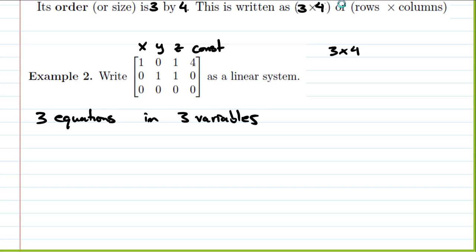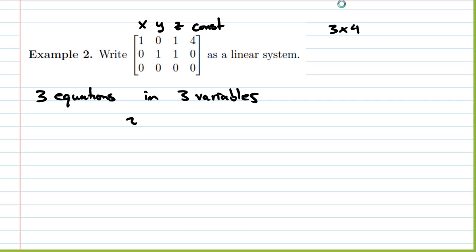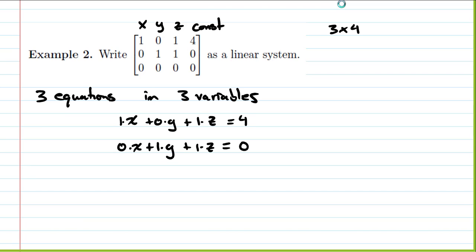If we rewrite this linear system, we will then have 1x plus 0 times y plus 1 times z is equal to 4. We have 0 times x plus 1 times y plus 1 times z is equal to 0.